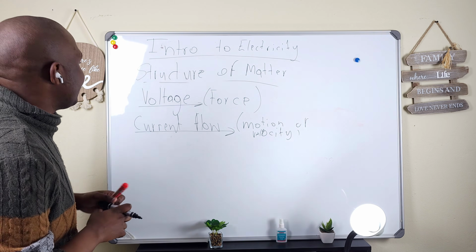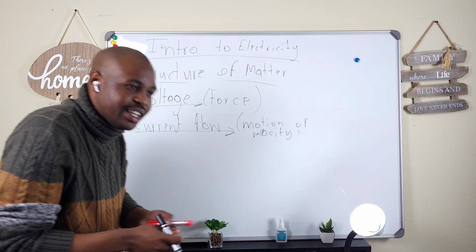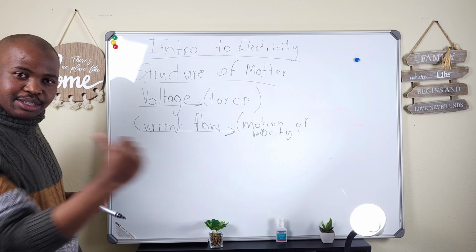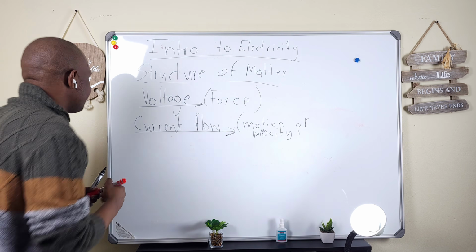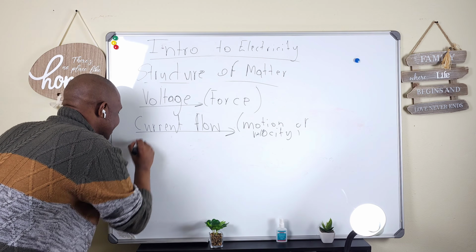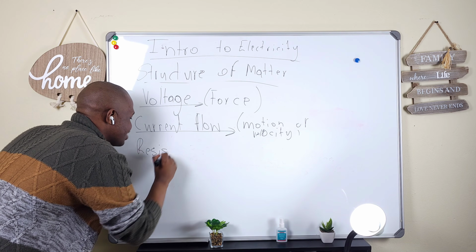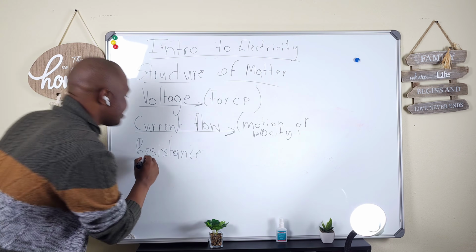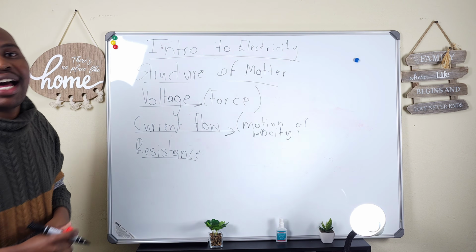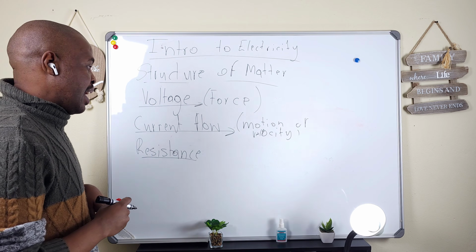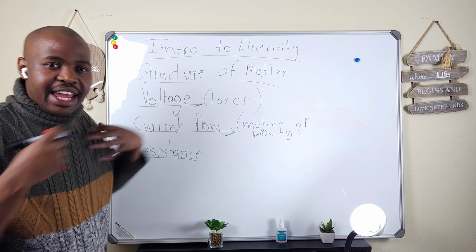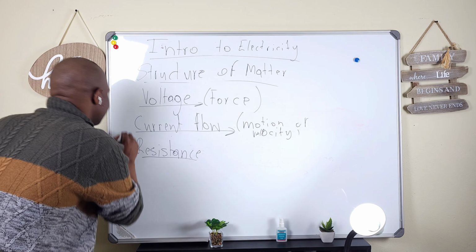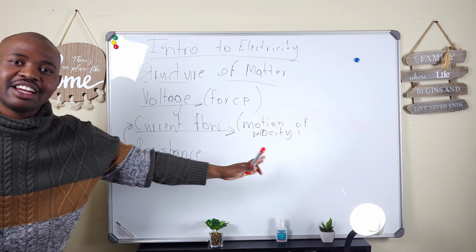Obviously, guys, as the electrons are moving, there is something opposing this motion. That is what we call the resistance. Everything has a certain amount of resistance. It doesn't matter whether it is a conductor, everything, even air, even myself, I do have resistance to current flow.